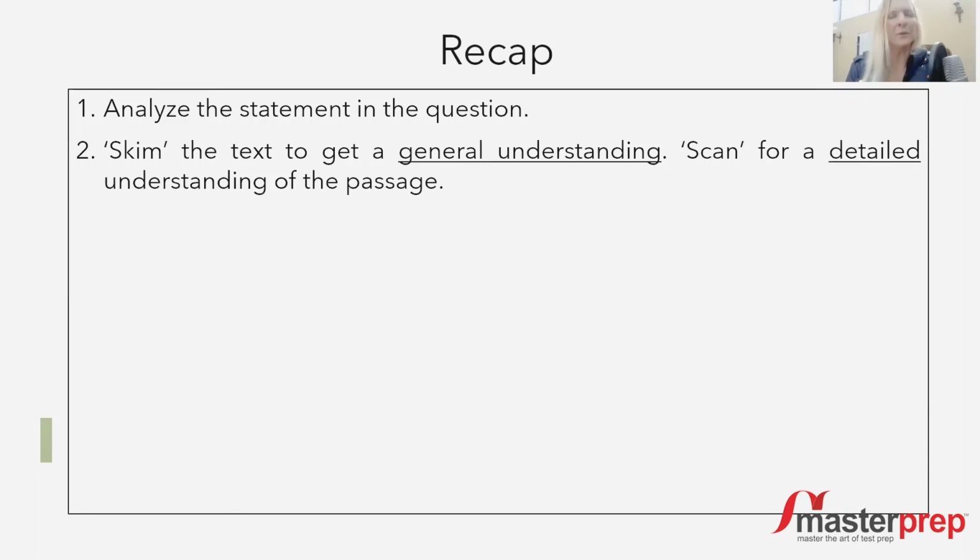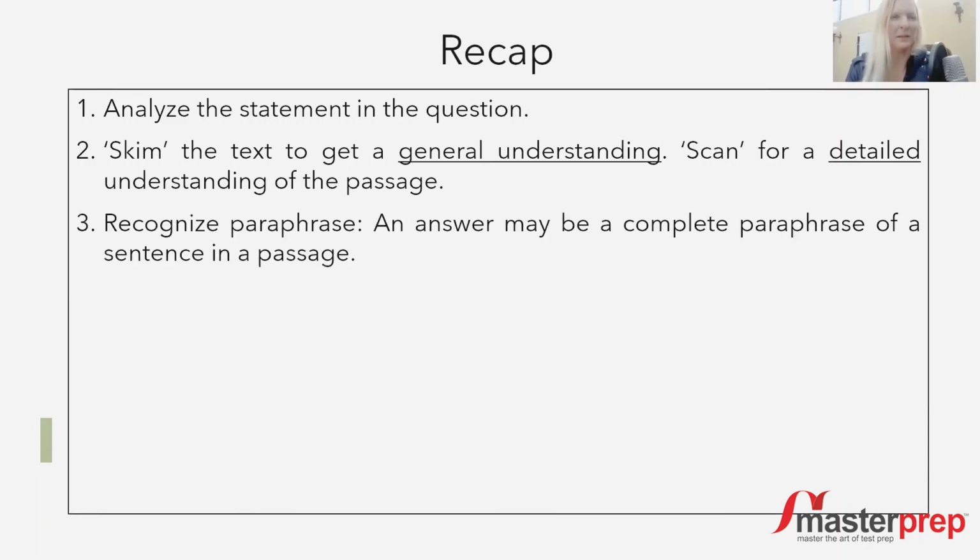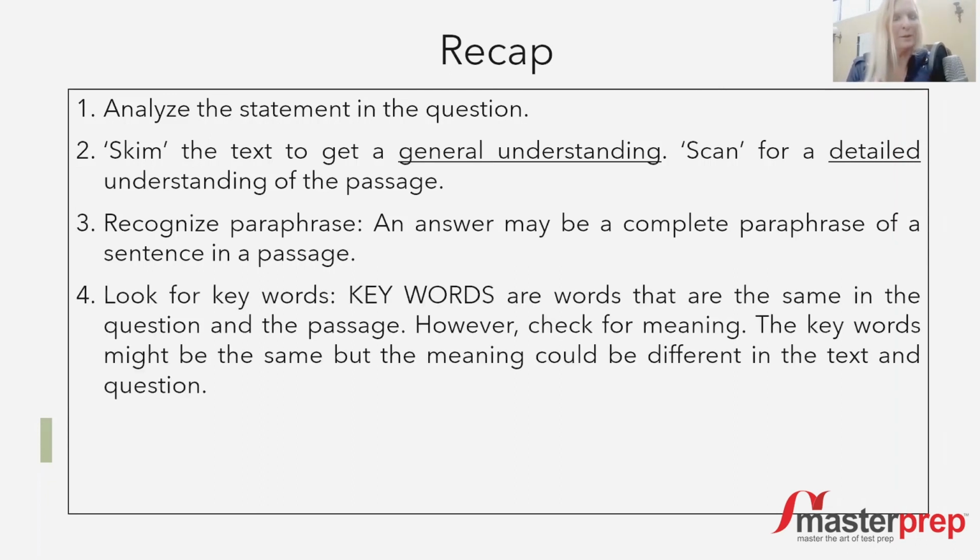You're going to scan for the detailed understanding of the passage. Recognize paraphrase. You can recognize paraphrase by identifying synonyms and clarifying that the meaning is the same. But be careful, because those key words may be the same, but the meaning may be different. So you're scanning for meaning.